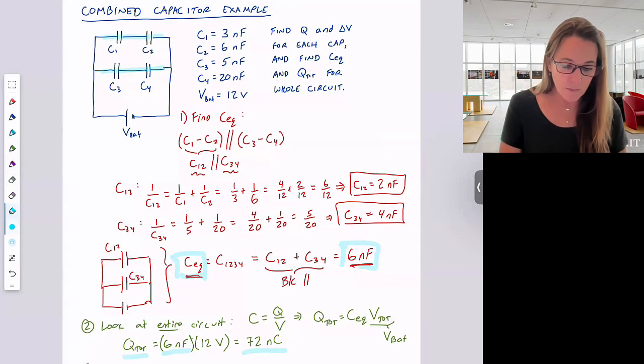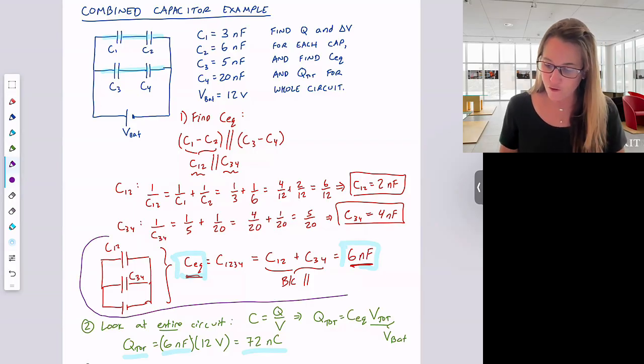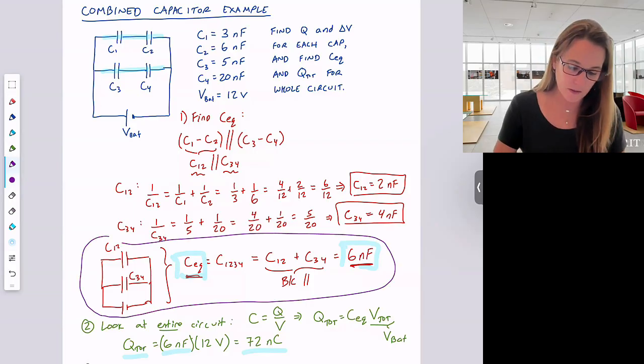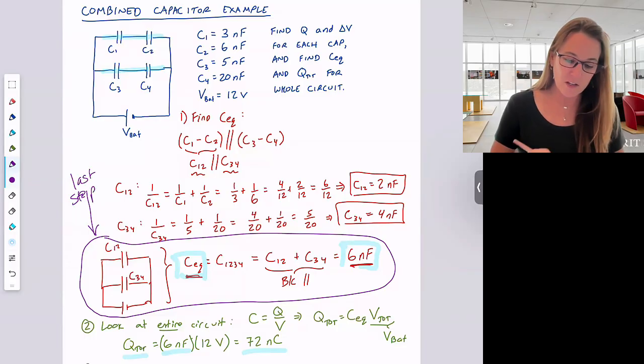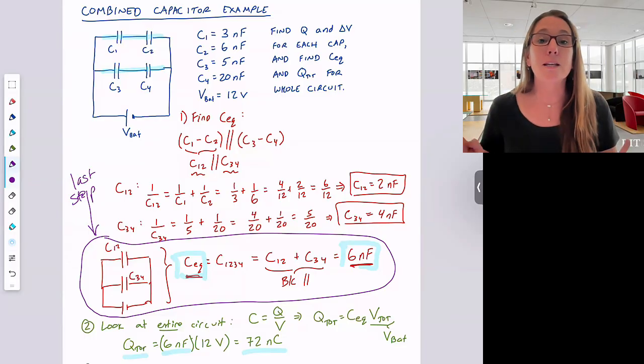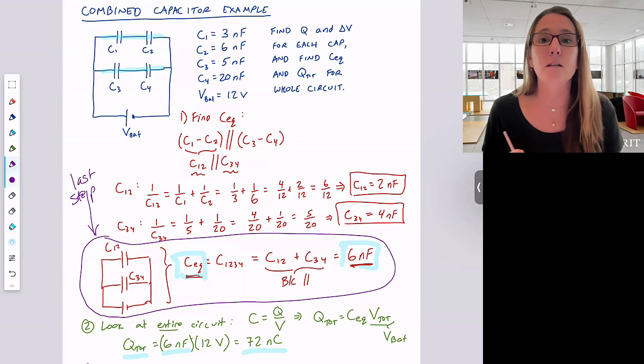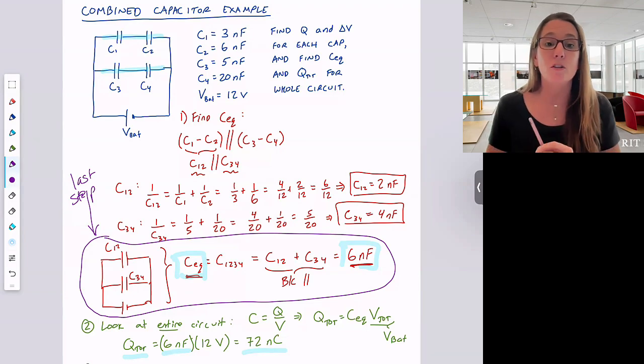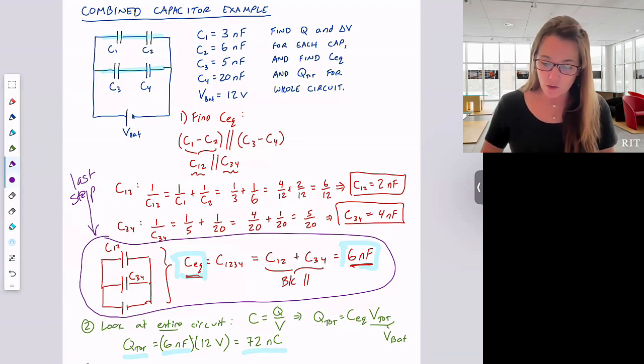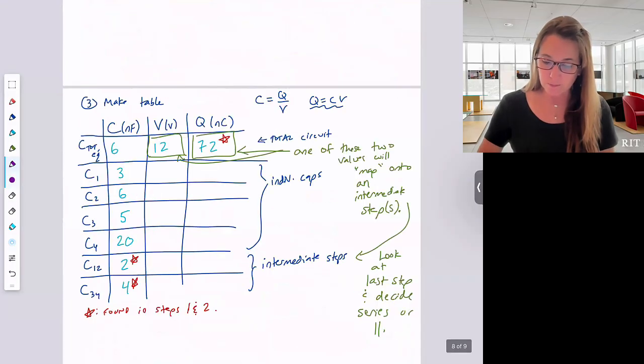The last step in this scenario for finding the equivalent capacitance is this one. And we can see that C12 is in parallel with C34. So I'm going to redraw that down here just for clarity.